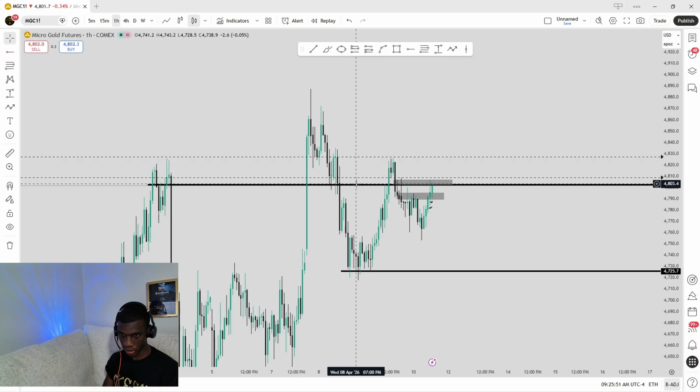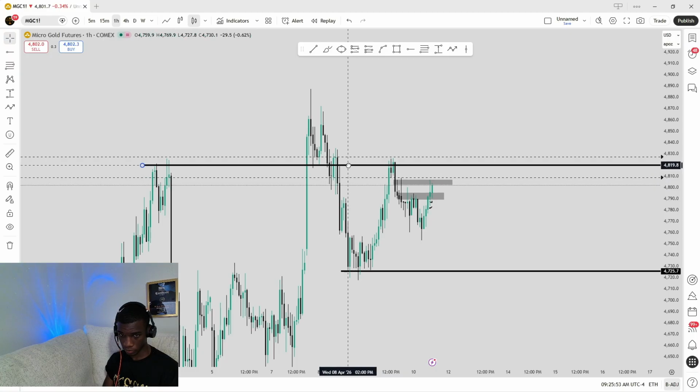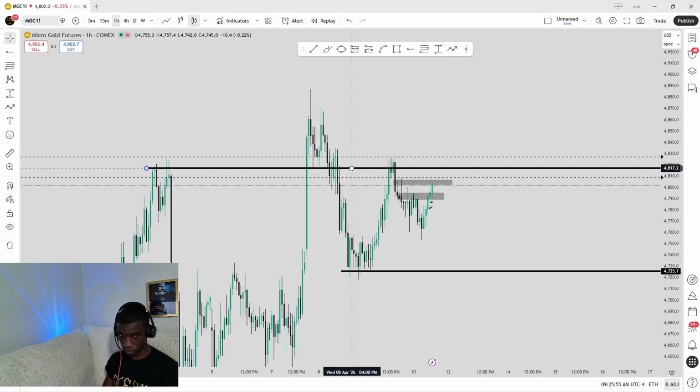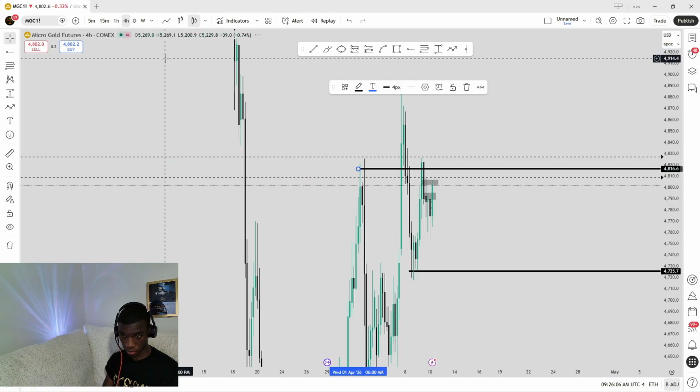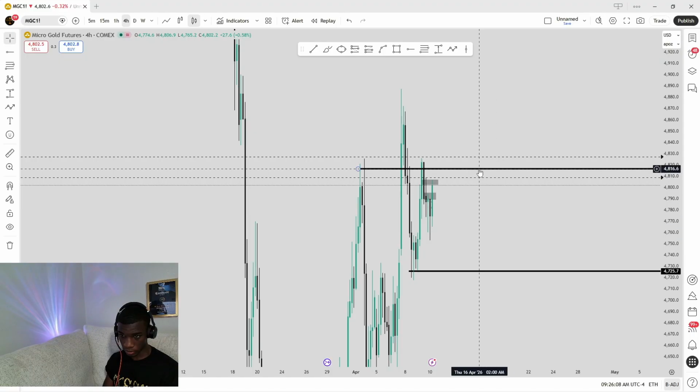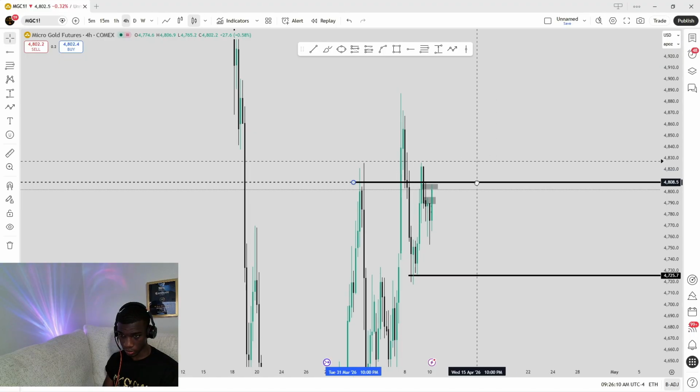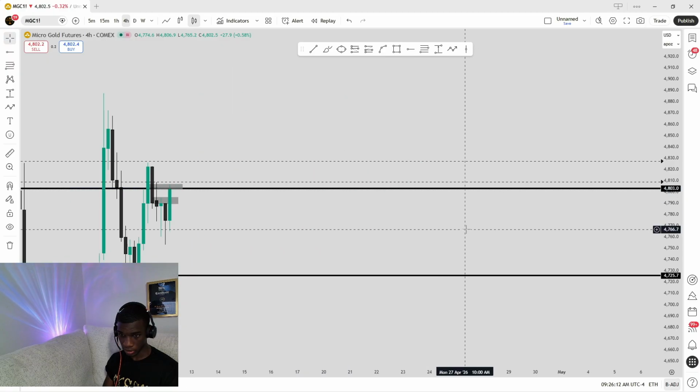I could have the black line here, or even at the wicks. I could have it right here, right? But on the 4 hour, that's just the wicks.